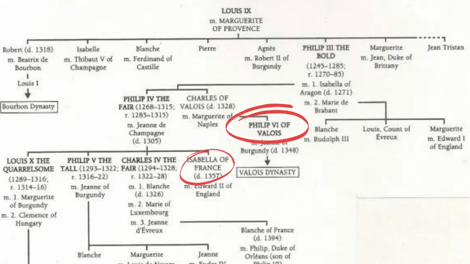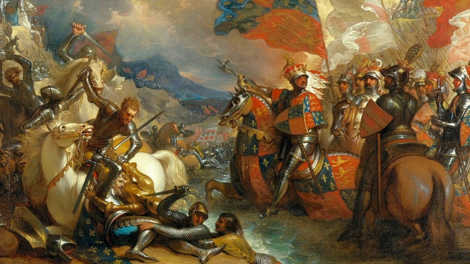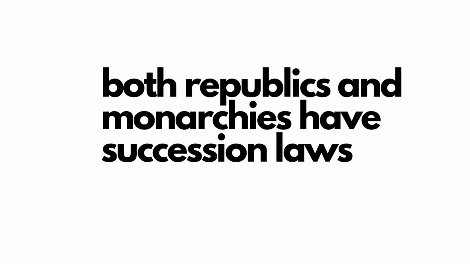However, the dispute on the succession to the French throne between the Valois monarchs descended in male line from Charles's grandfather, Philip III of France, and the English monarchs descended from Charles's sister Isabella, was a factor of the 100 Years' War.